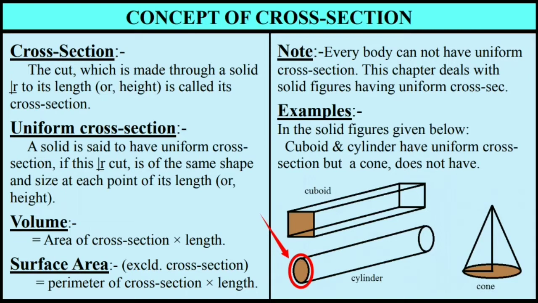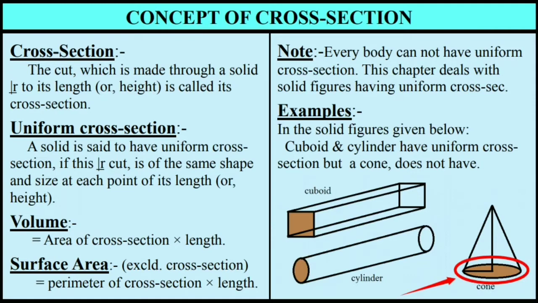And again, if we make many slices parallel to this cross section, or we say perpendicular to the length of the cylinder, then every new area formed is equal in shape and size to the cross section shown here. Hence, a cylinder too has a uniform cross section.